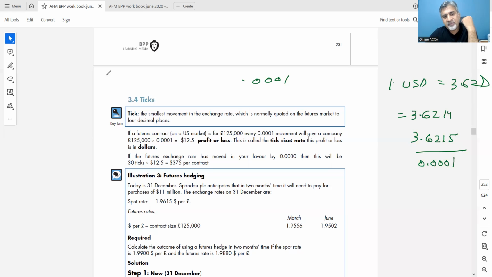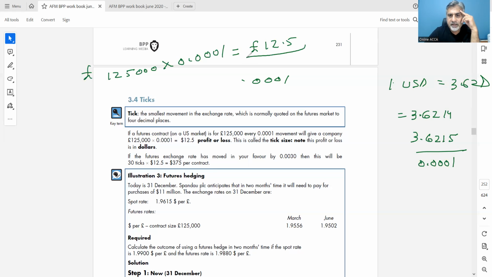Okay. So if I have got a contract of 125,000 pounds, and of course sterling and dollars are represented in 4 decimal places, and if I say that the value has moved 1 tick, it means multiply it with 0.0001. So that will give you an answer, sterling 12.5.